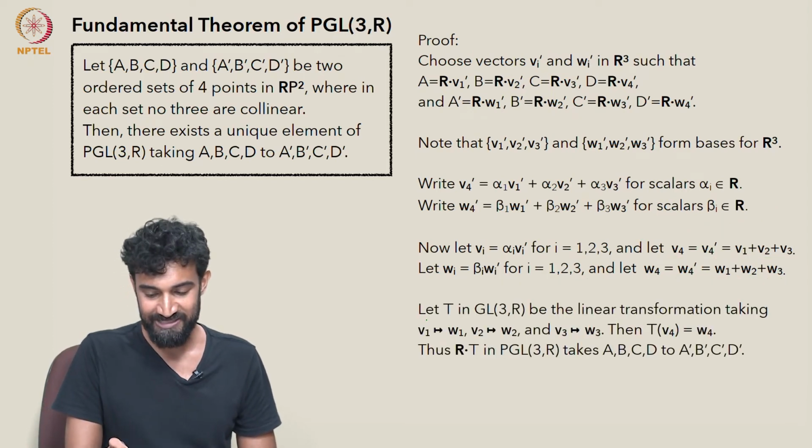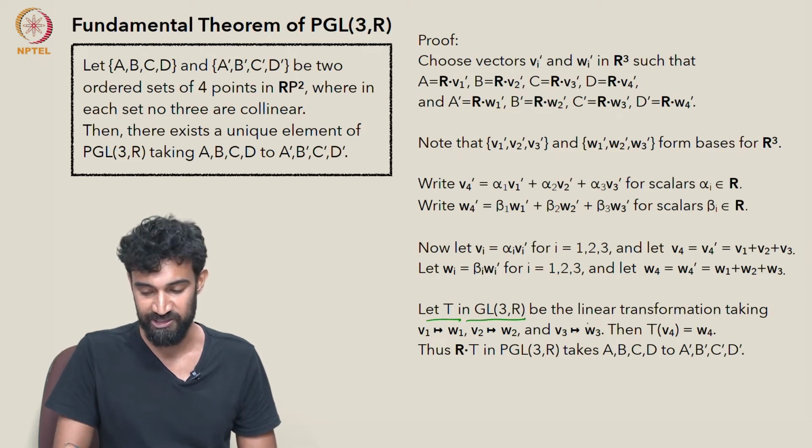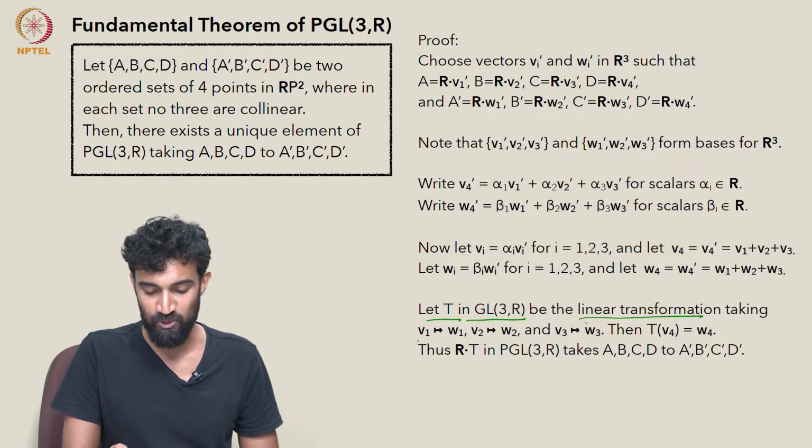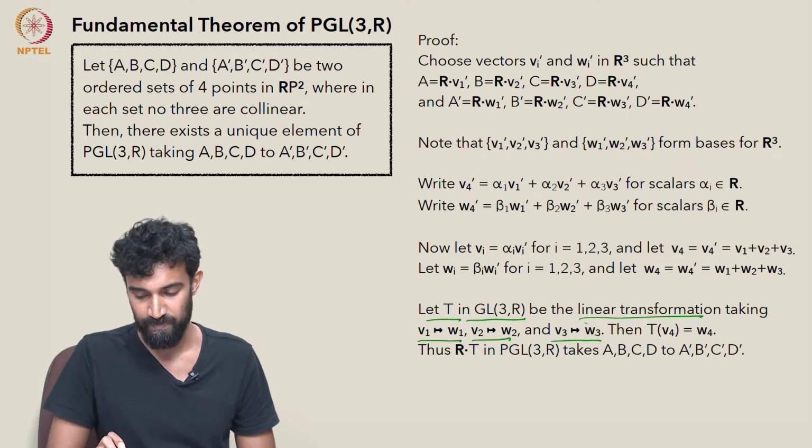Now, let T be an element of the general linear group. Let it be a linear transformation which takes v1 to w1, v2 to w2, and v3 to w3.